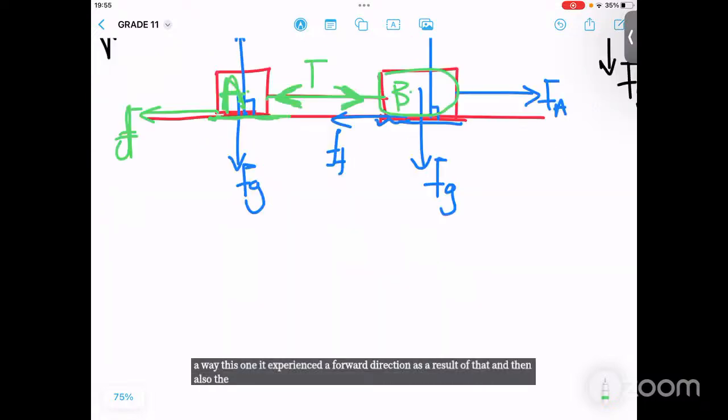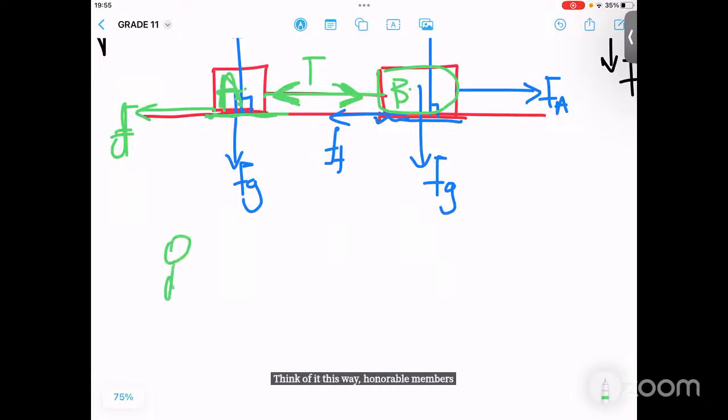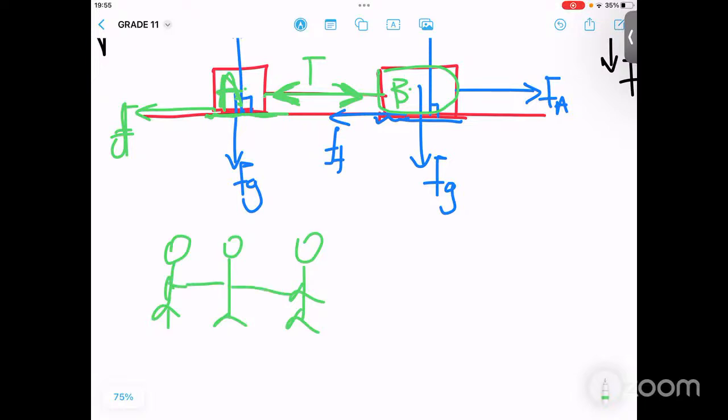Think of it this way, honorable members. Imagine you have two people pulling you in opposite directions. There's this one pulling you, there's this one pulling you. You will feel like half of your body is being pulled in that direction, and then half of it is being pulled in that direction.